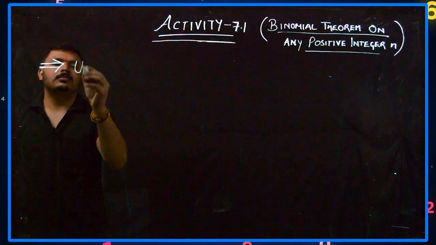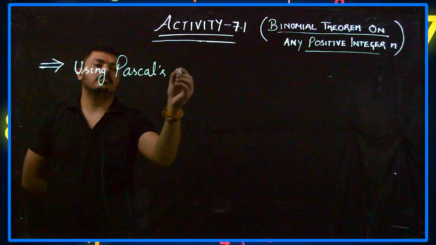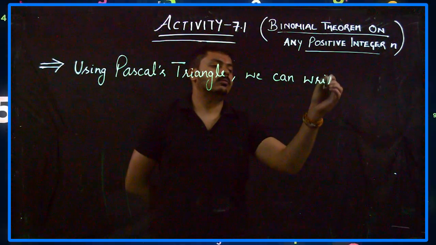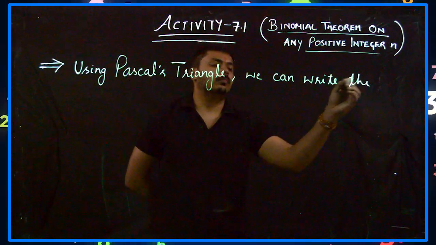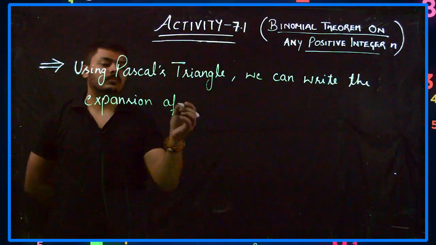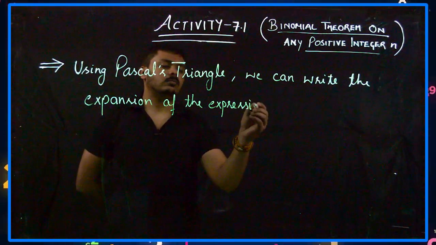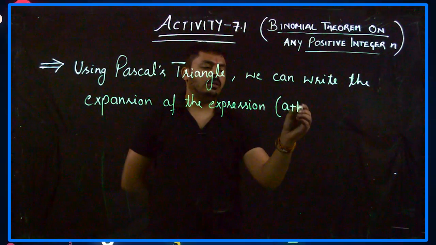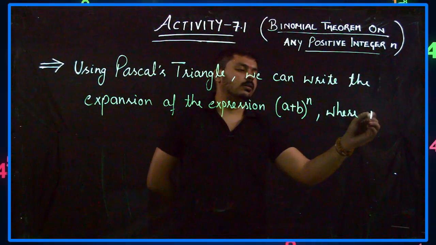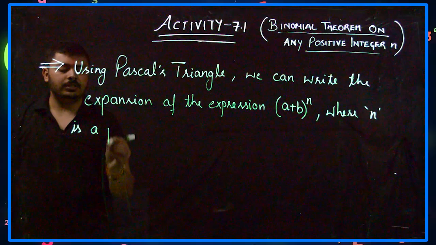So using Pascal's triangle, we can write the expansion of the expression (a plus b) to the power n, where n is a positive integer.